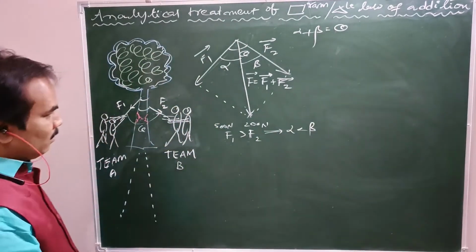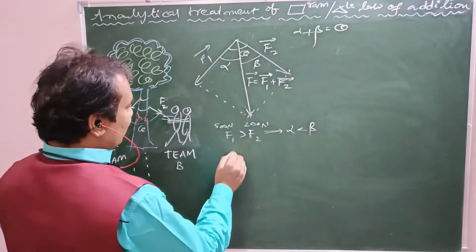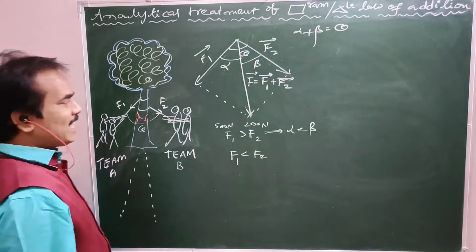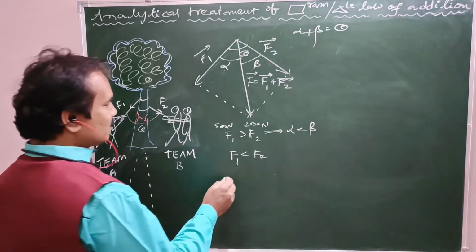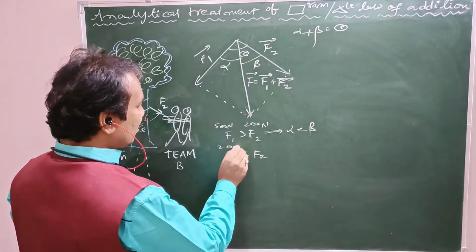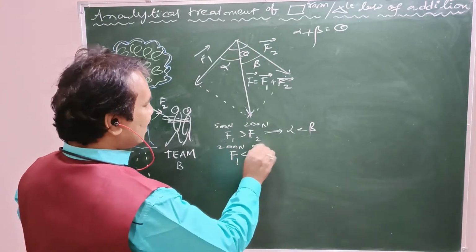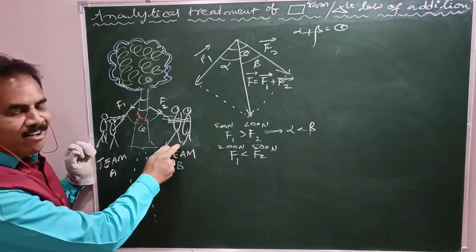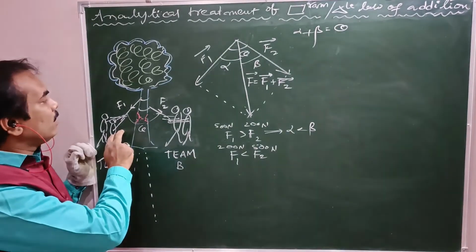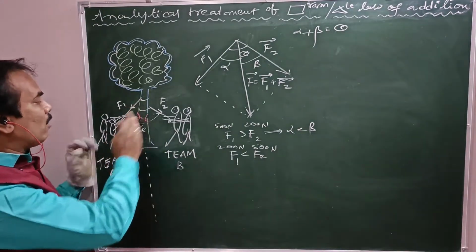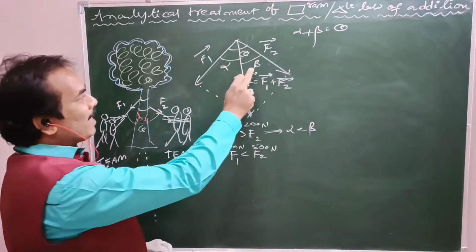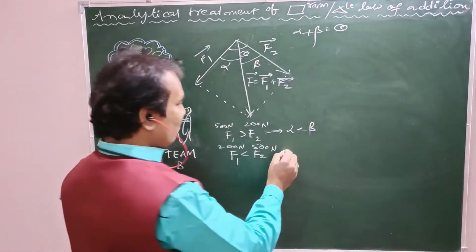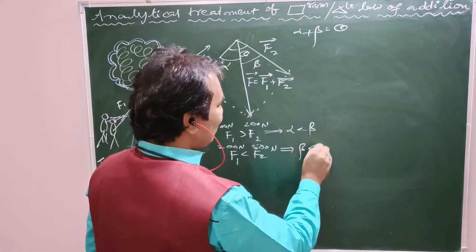If F1 is less than F2, as an example, F1 is 200 Newton and F2 is 500 Newton, definitely this time team B is offering more force than team A. Therefore, the tree would collapse close to team B. This implies beta is less than alpha.